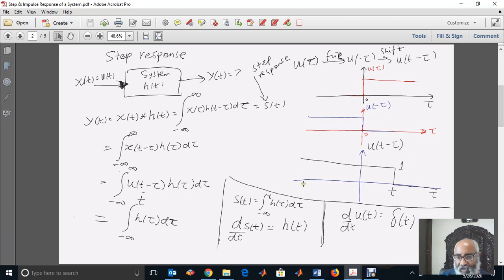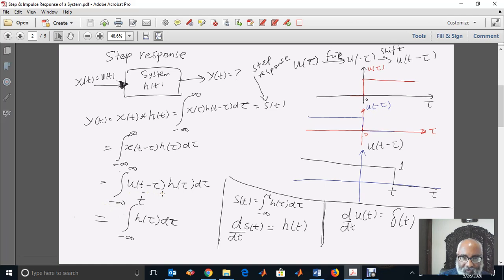However, for tau between minus infinity and t, this is 1. So 1 times h(tau) will be the same h(tau). Therefore, the interval of integration becomes from minus infinity until t, and we remove u(t minus tau).